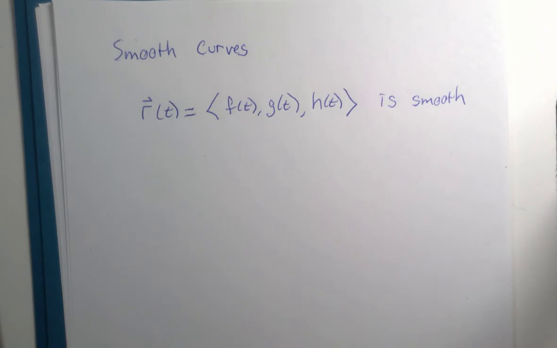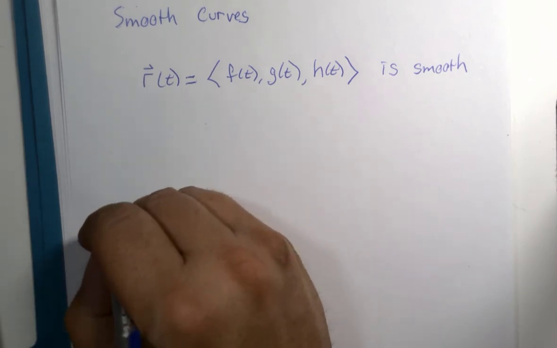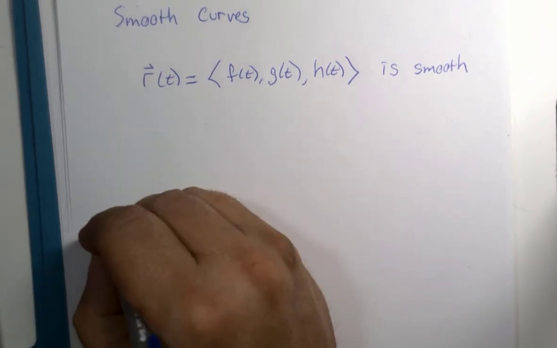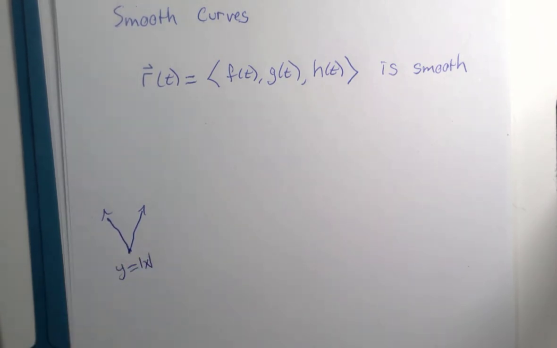Smooth curve. Please recall from Calculus 1 that we had examples of curves that were not smooth. The absolute value function was not smooth at its vertex.